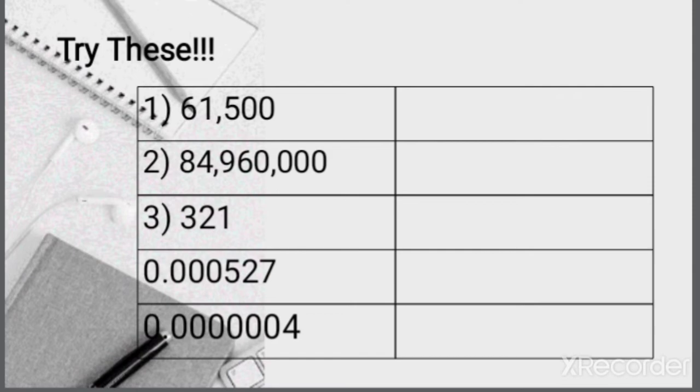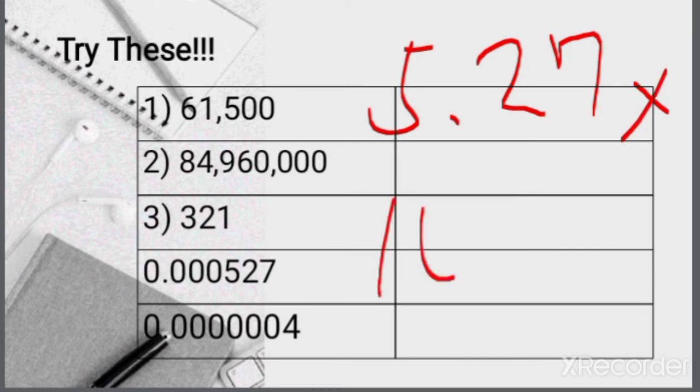So we have 5.27 times 10 to the power of, since the original number is less than 1, our exponent is negative. So we have negative 4.